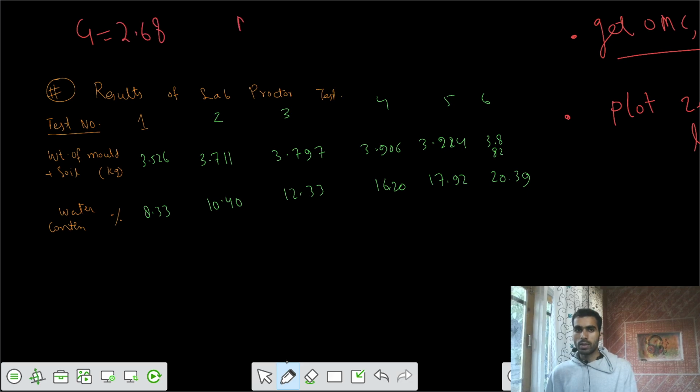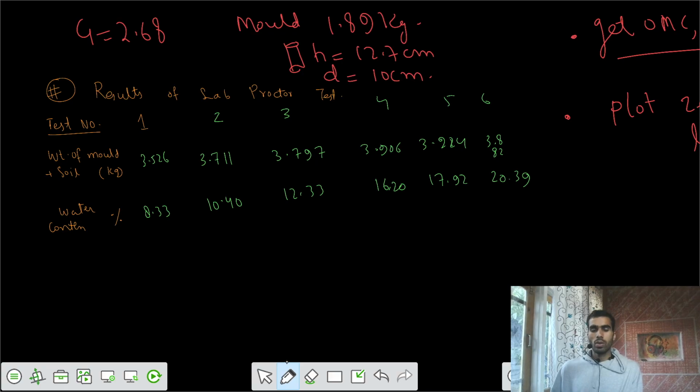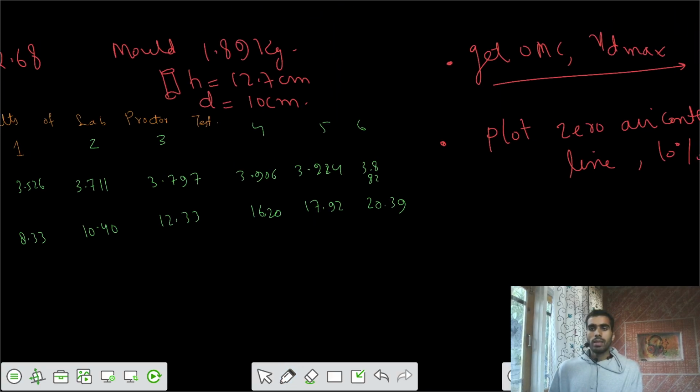Mold weight is actually 1.89 kgs, and the dimensions of the mold are a height of 12.7 centimeter, and diameter of the mold is 10 centimeters. So we need to get the gamma dry.